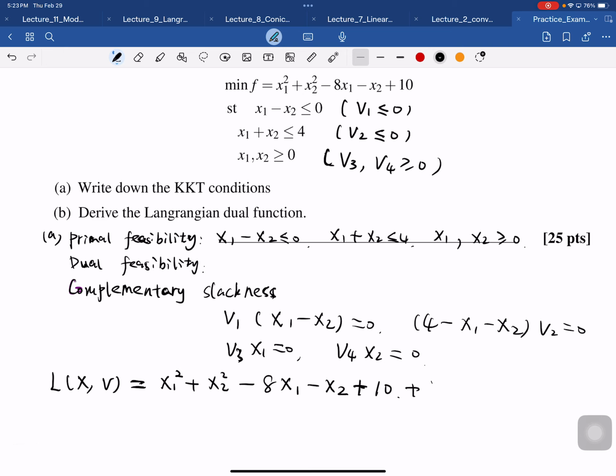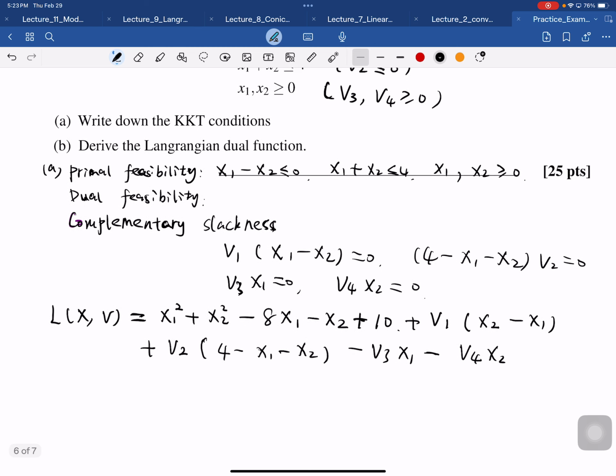That will be v1 times (x2 minus x1). Okay, so this is the Lagrangian function.